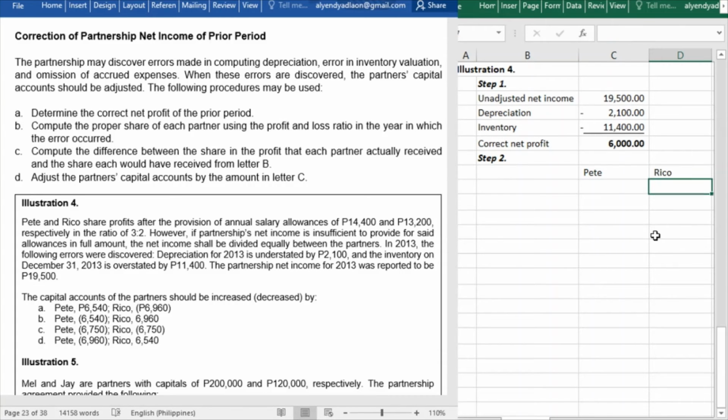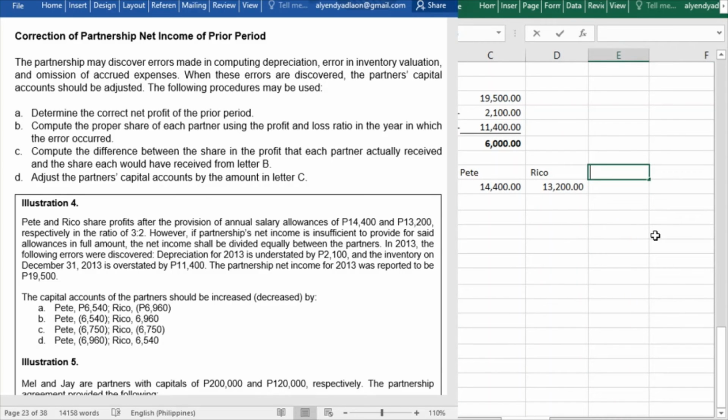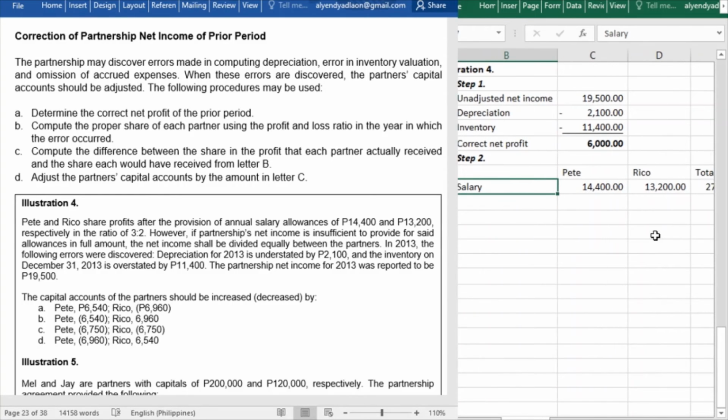So we have here Pete and Rico. First, they are to be provided with salary allowances. The salary allowances are 14,400 and 13,200, so that is a total of 14,400 plus 13,200, that is 27,600. Now any remainder shall be divided in the ratio 3:2.